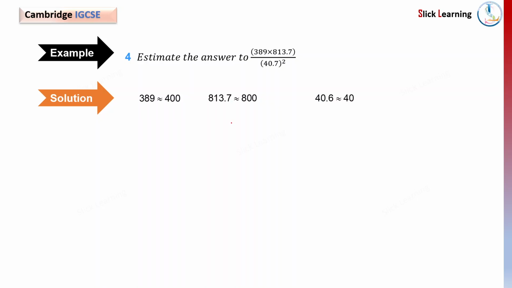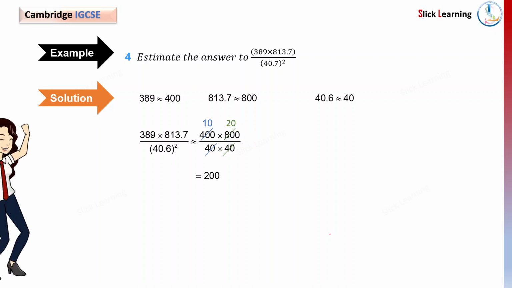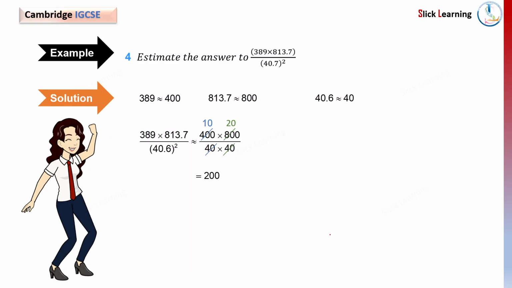Now we replace all these with approximate values, and we can cancel 40 with 400 to get 10, and cancel 40 with 800 to get 20. So now we have 10 times 20, that is 200.